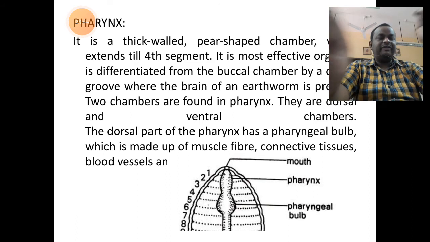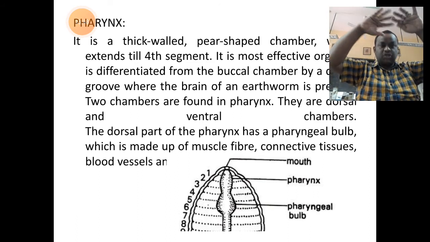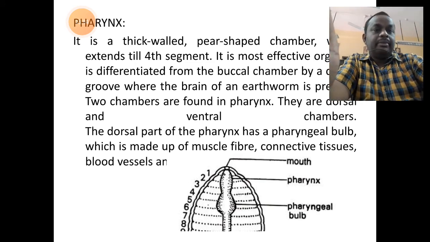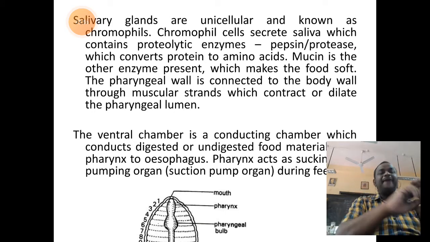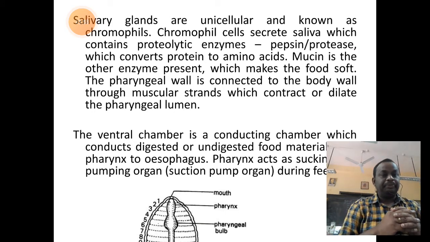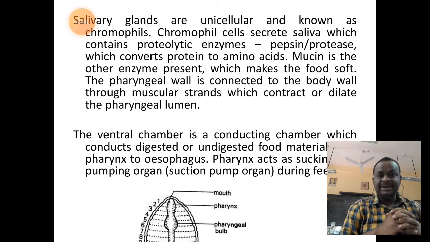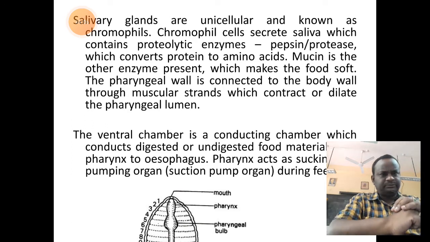Down in the picture, when we look at it, the pharynx towards its upper region shows the pharyngeal bulb. Now, this pharyngeal bulb gland, also called the salivary gland, where is it? It is present on the upper dorsal chamber.